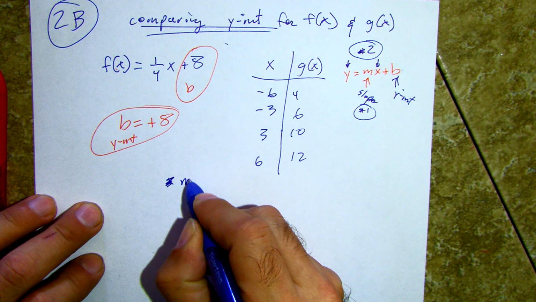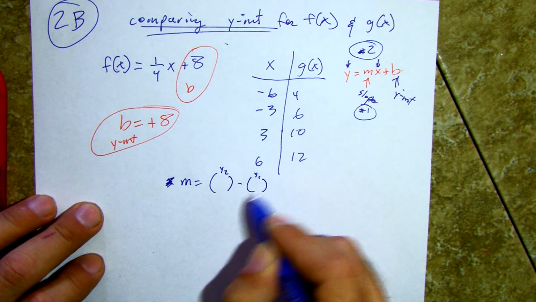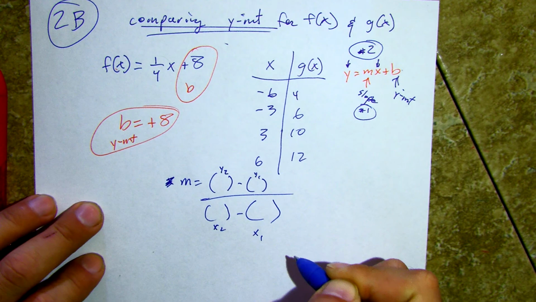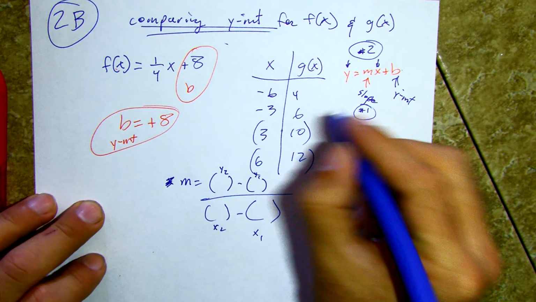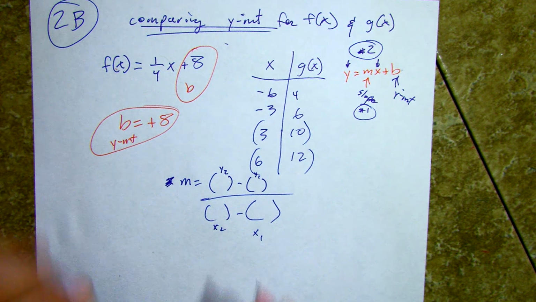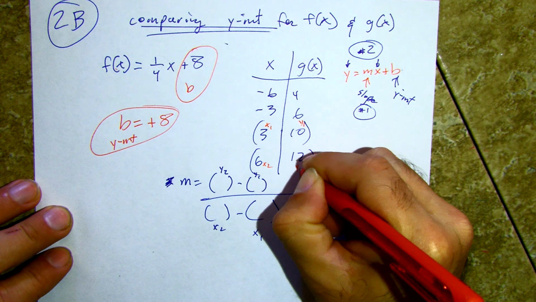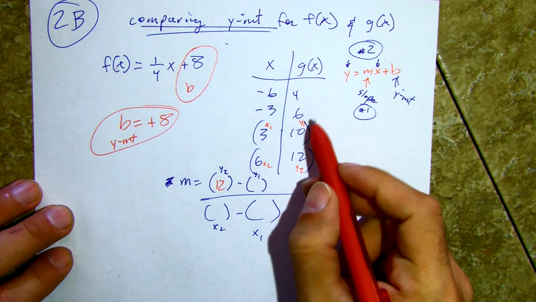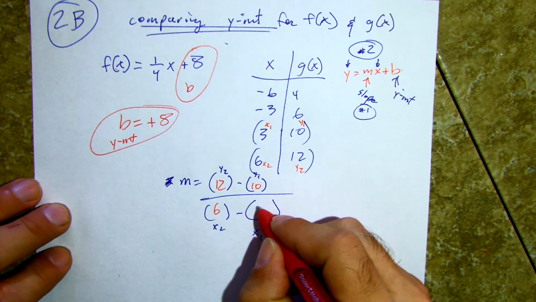The slope for this is going to be y2 minus y1 over x2 minus x1. Now let's see. I'm going to take these 2 points just because they're both positive. It might be a little easier. Let's see, x1, y1, x2, y2. Let's plug them in. y2 is 12 minus y1, 10, over x2 is 6 minus x1 is 3.